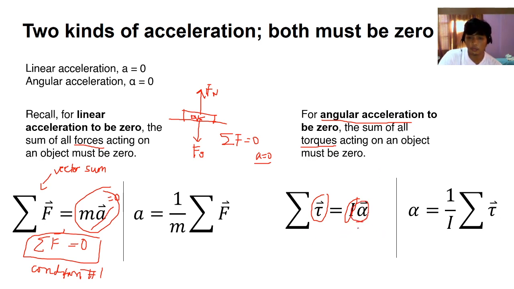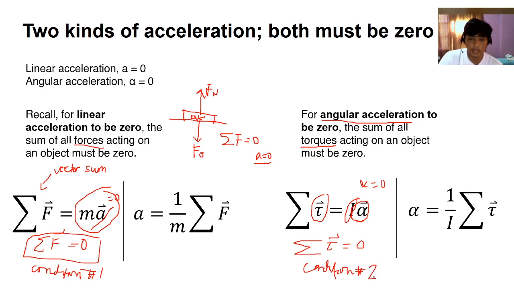But if we want the object to be in rotational equilibrium, then our angular acceleration must be zero. So this is actually the second condition for equilibrium, that the sum of all torques must be zero.